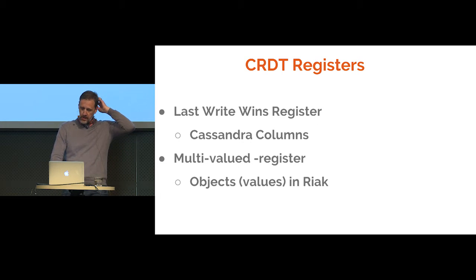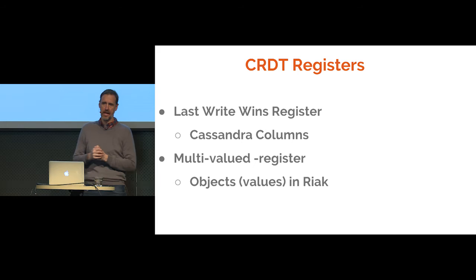Registers. If you're familiar with Cassandra, it uses last-write-wins registers underneath the covers. So what is interesting about CRDTs is that the concepts have actually been in use for a long time. With Cassandra and Riak, CRDTs have really formalized these data types into a more formal, structured form so that they can be more broadly used. But the general idea behind CRDTs has actually been in use for a long time.